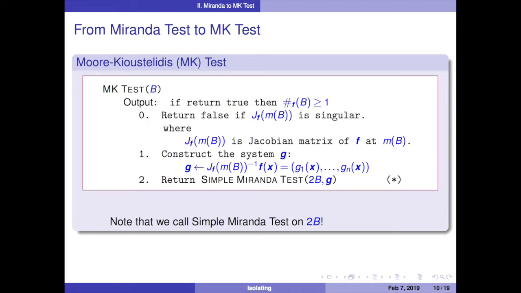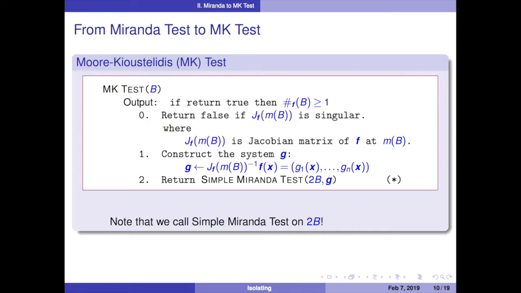First of all, you return false if the Jacobian matrix evaluated at the midpoint of the box is singular. Now, this is actually very dangerous. This is what I call a zero problem. If you have to do this, you're in trouble. I mean, not in trouble, you have to work a bit harder to get this effective. But you'll see that we somehow managed to sidestep this problem.